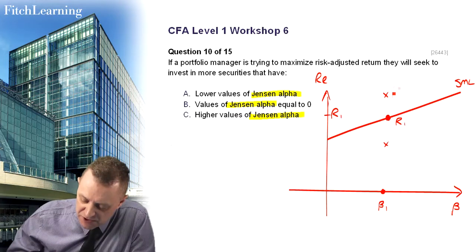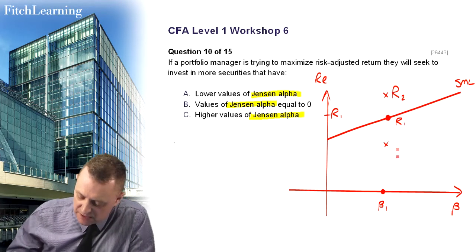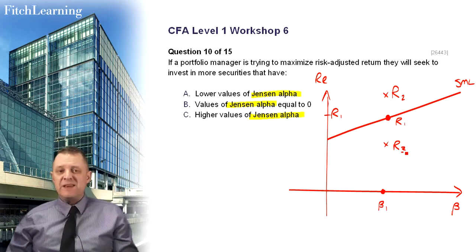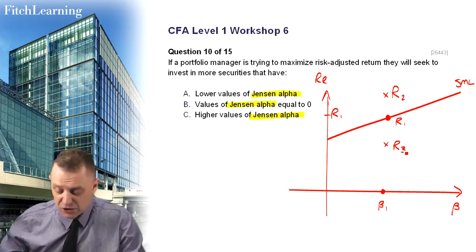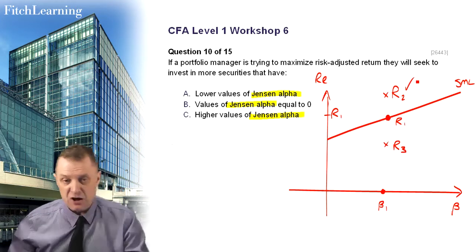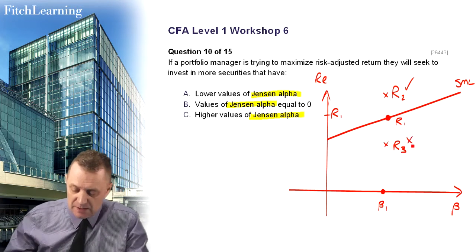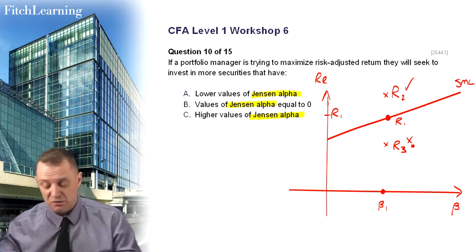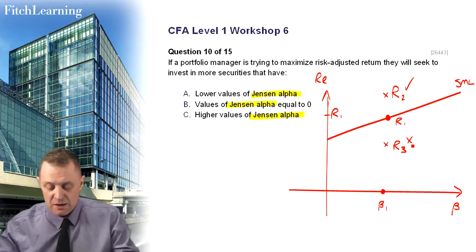Okay, let's call this R2 and this one R3. Now, clearly, for a given level of beta, I'm going to much prefer to have R2 than R3. And what the question is actually asking is, what are you looking for? Are you looking for R2 or are you looking for R3? Well, clearly R2.